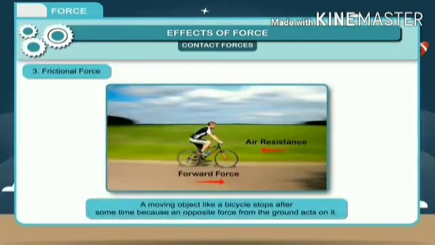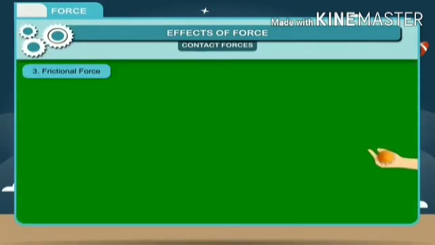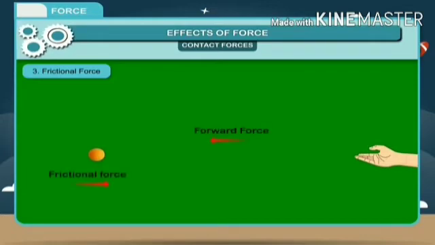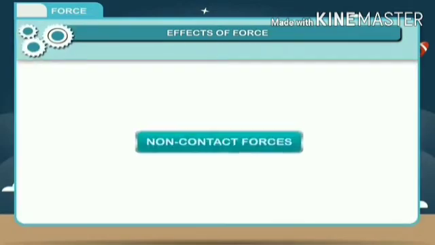A moving object like a bicycle stops after some time because an opposite force from the ground acts on it. Similarly, the rolling rubber ball stops after some time because a force acts on it in the opposite direction of its motion. Frictional force tries to stop moving objects.